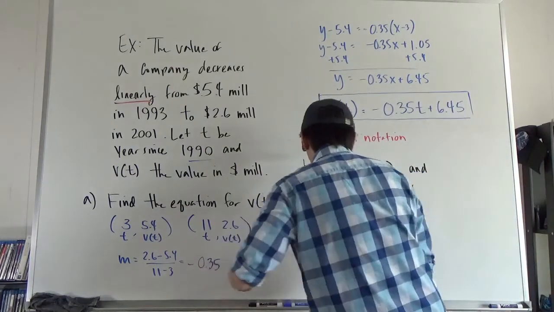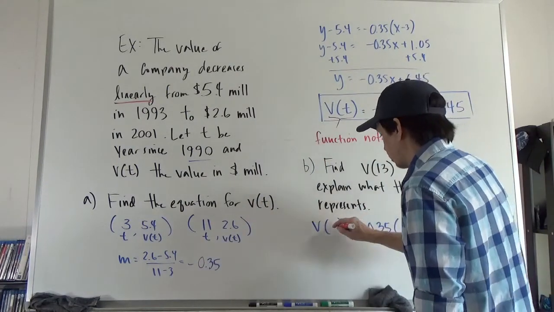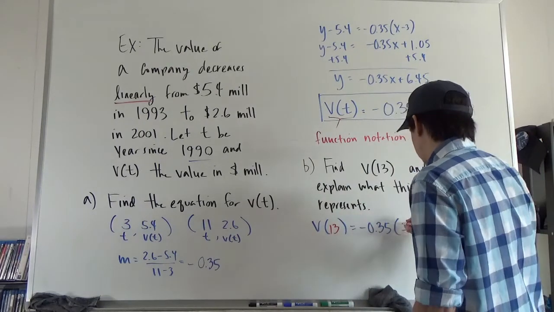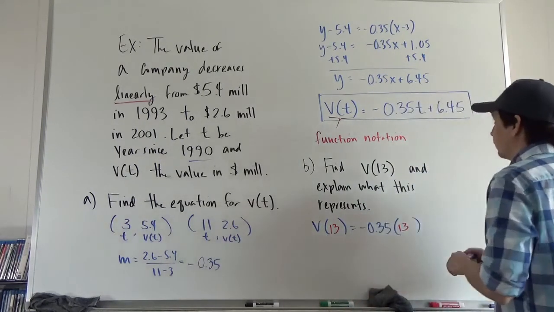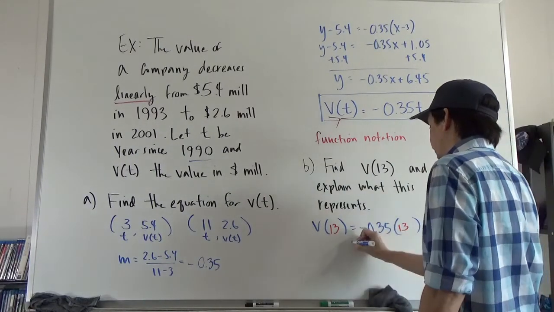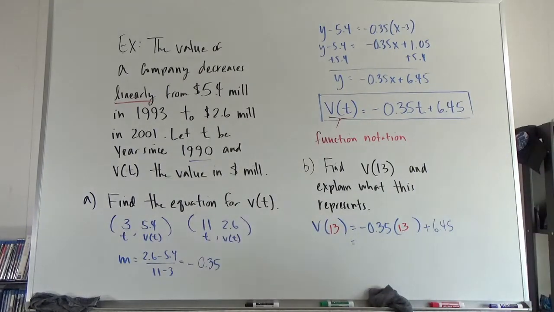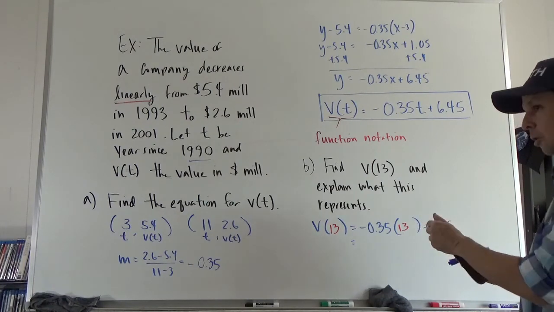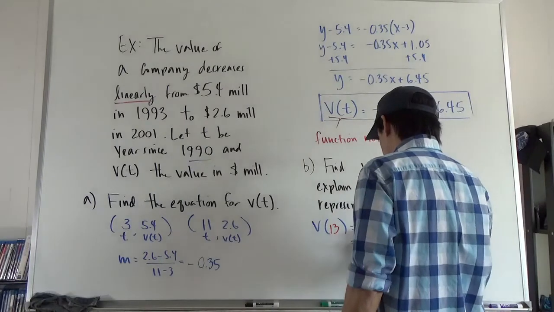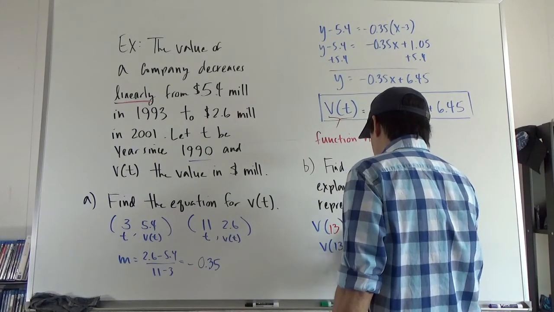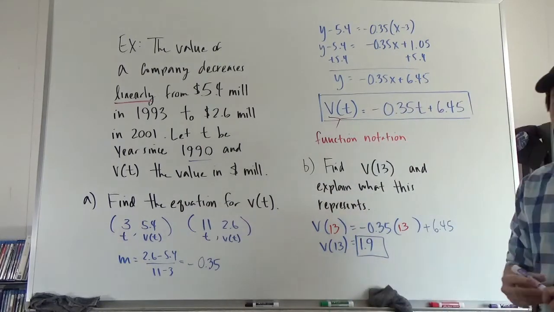So this is taking a function that we have, finding a function value at 13, meaning you're plugging in 13 and getting an output value. Negative 0.35 times 13. 1.9. Okay. So v of 13 is 1.9.